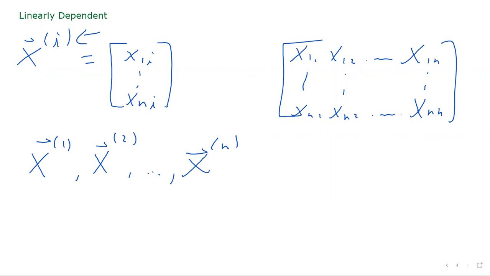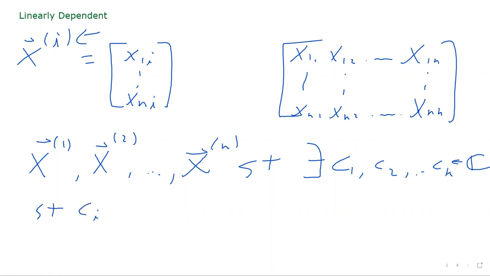Actually they use K, which doesn't really make much difference, such that there exist C1, C2 out to CK that are complex numbers. So they can have the i in it, such that each of these C numbers is not 0.